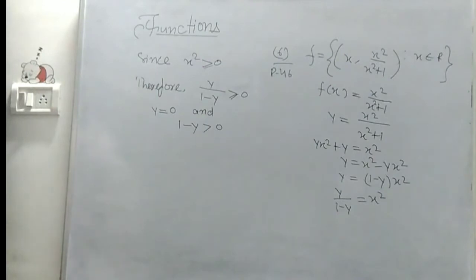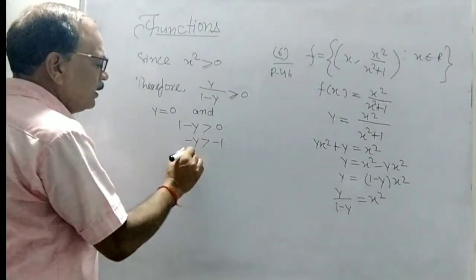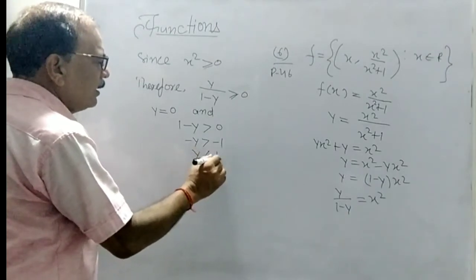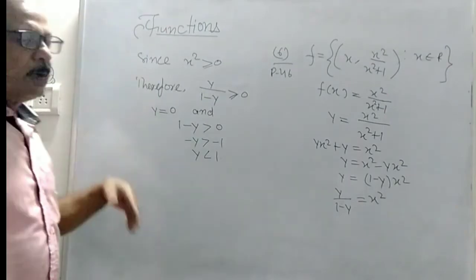So 1 minus y is greater than 0, minus y is greater than minus 1, y is less than 1. It means that our range is what?